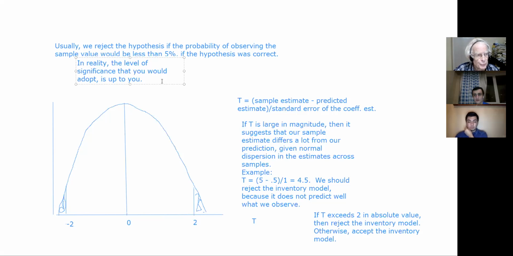Some statistical studies suggest that we should permit a level of significance that is as large as 20% because the theory suggests that we should adopt certain variables that we are testing for.